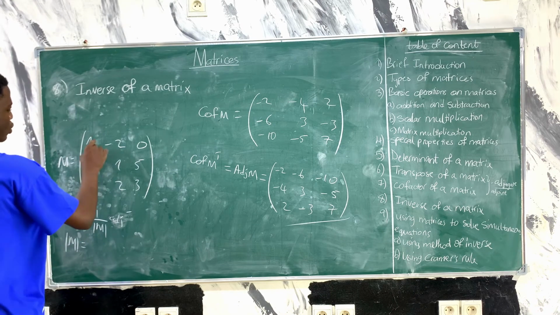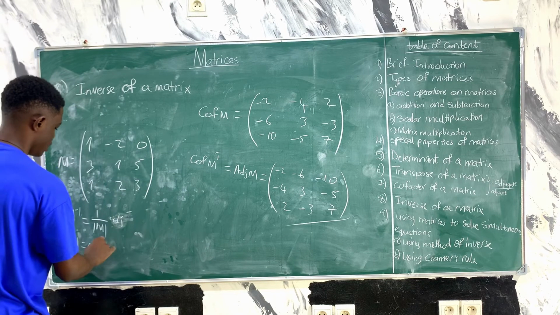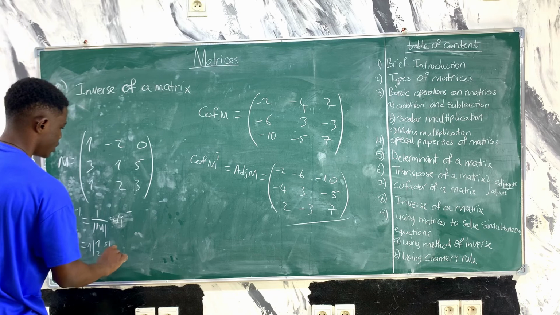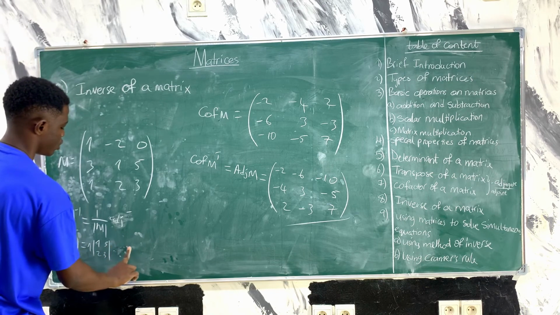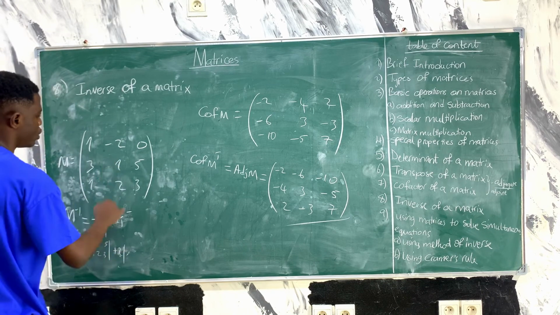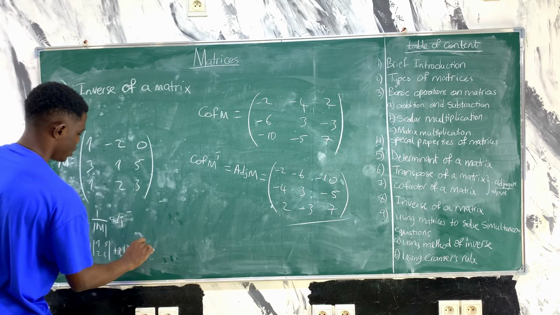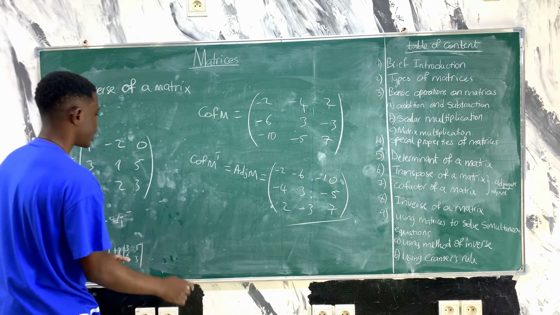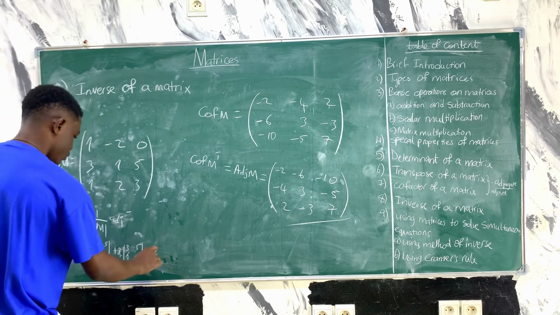The determinant is equal to 1 times the determinant of 1, 5, 2, 3, then minus 2, I can just put plus 2, I cancel this and I'm left with 3, 5, 1, 3. Then 0, I can ignore because anything multiplied by 0 is 0.